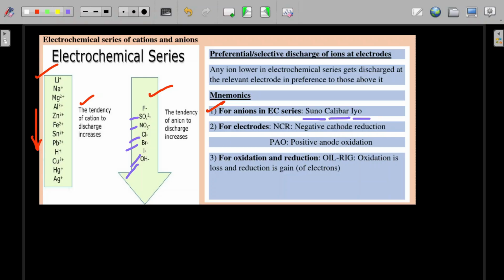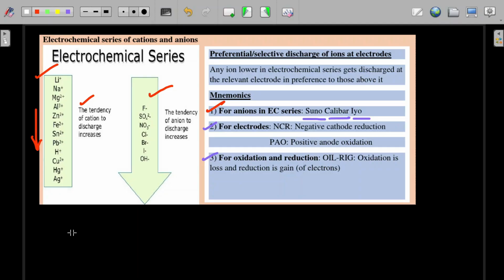The one which will get discharged faster is hydroxide in this case. And the one which gets discharged faster among the positive ones is silver ions. But if you're given comparisons, you know which one has to be selected based on the list only. Other mnemonics I have given here only.